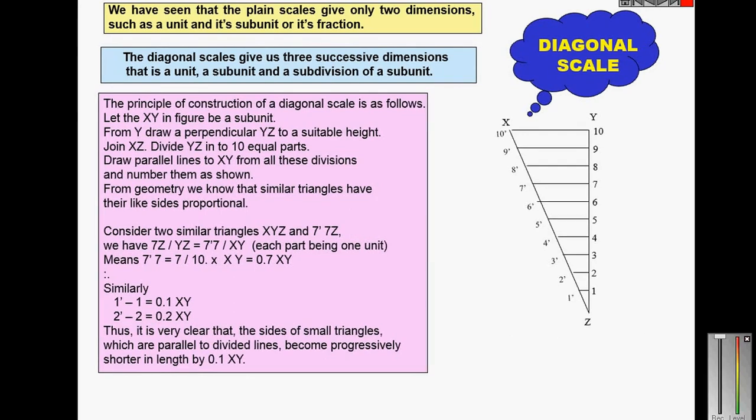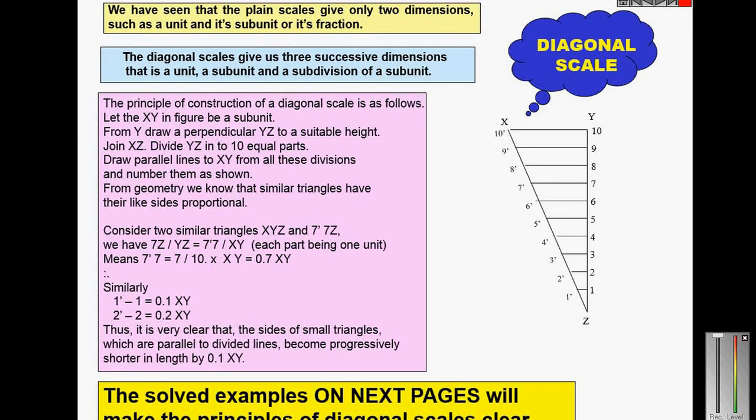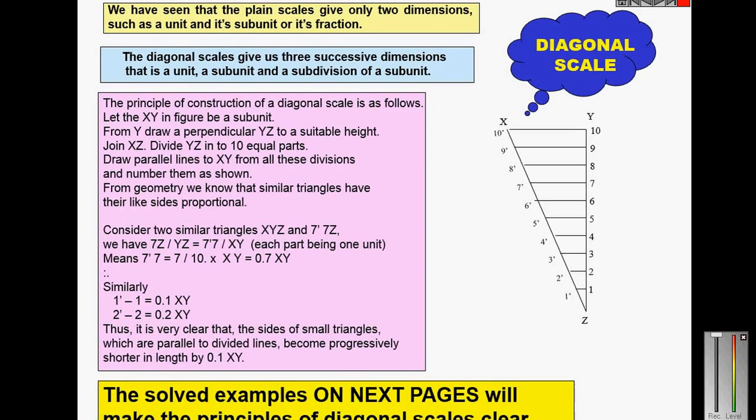So from the geometry we know that similar triangles have their like sides proportional. So consider 2 similar triangles, xyz and 7' 7 z. We have 7z divided by yz is equal to 7' 7 divided by xy, each part being 1 unit, which means 7' 7 is equal to 7 by 10 xy, which is equal to 0.7 xy.